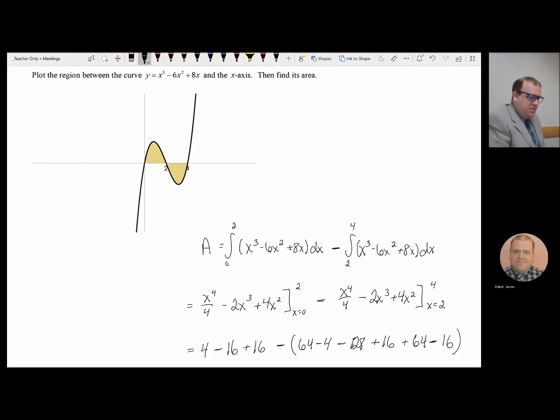What does it mean to be an even or odd function? f of negative x equals f of x, that's even. f of negative x equals negative f of x, that's odd. So cosine's even, sine's odd.